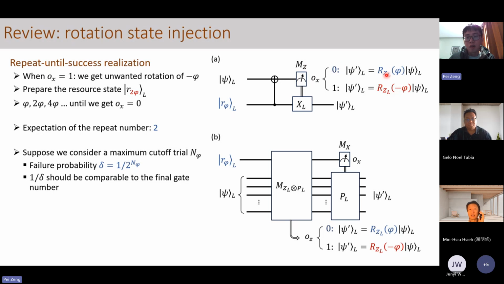You can implement a phi rotation on the psi state. On the other hand, if you get the outcome 1, you apply a -phi rotation on the psi prime state. I don't know whether you guys have any questions.